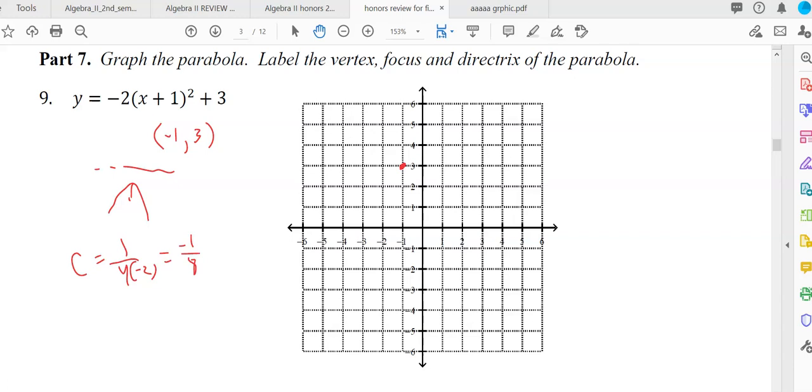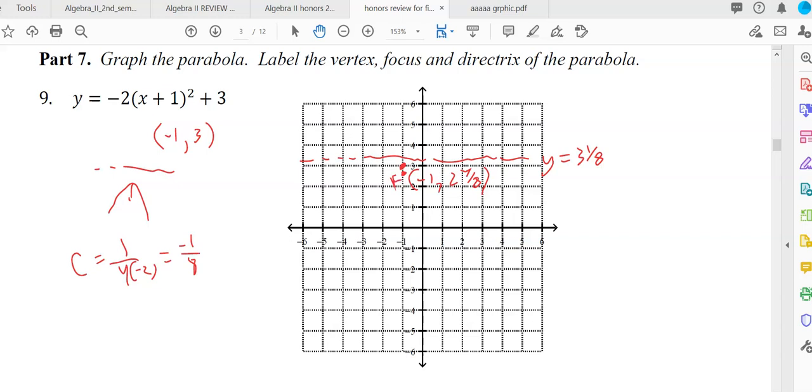So go down 1/8, go up 1/8. So that'd be Y equals 3 1/8, or 25/8. This point would be negative 1, 2 7/8. That would be the focus point.